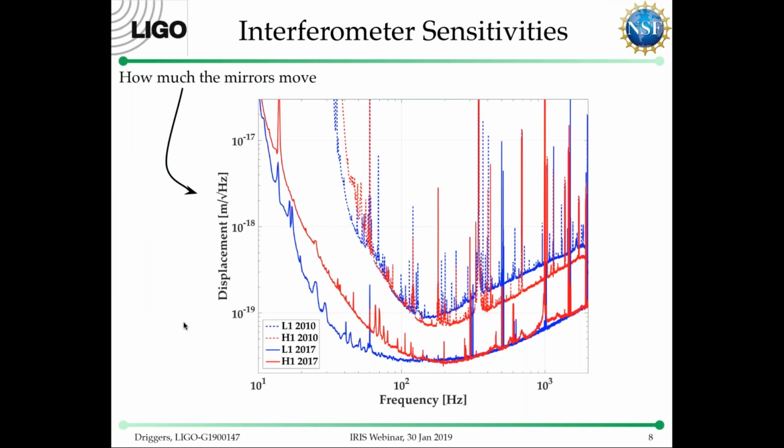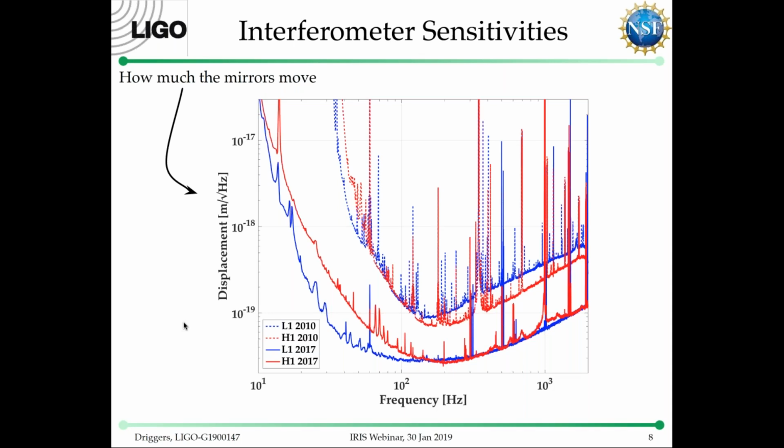On slide 8 here, I have, as a function of frequency and displacement, the sensitivity of the LIGO gravitational wave interferometers. So the y-axis is how much the mirrors are moving, in meters. The dotted lines are from our last science run of the initial LIGO era.